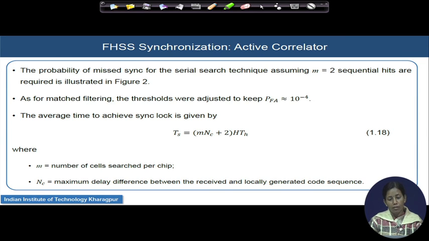On top of all that, the number of the hop frequencies you are going to search plays another important role.